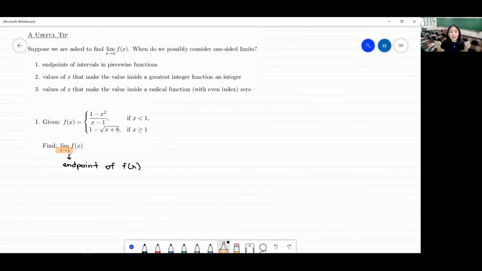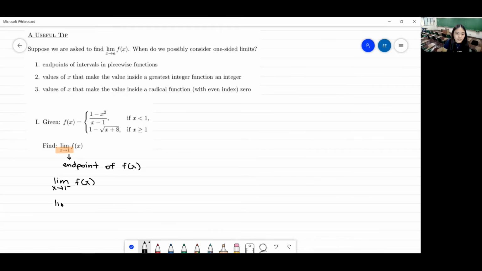To the right of 1, the definition of f that we use is the second one. But on the left side of 1, the first one is the definition we use. So the definition of f is ambiguous as we let x approach 1, and we need to consider one-sided limits. So considering one-sided limits for this two-sided limit, let us first take x approaching 1 from the left of f of x.